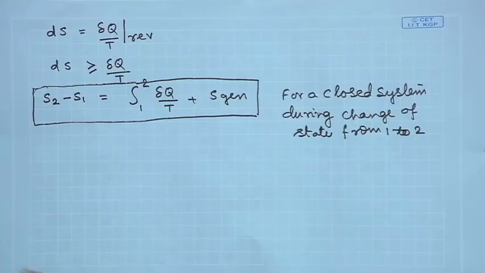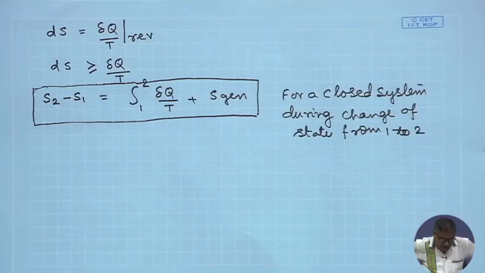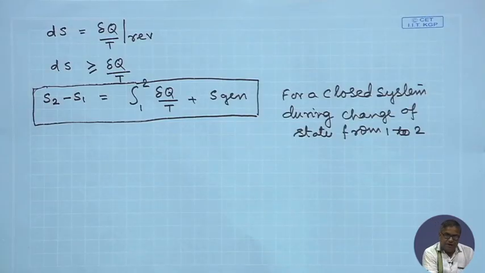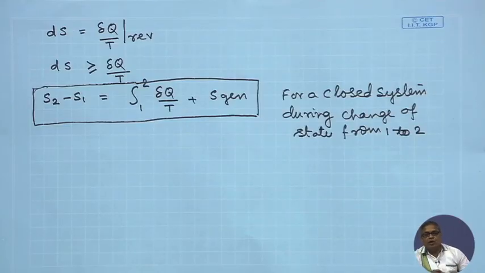So, you see what we have written here, S2 minus S1. Entropy being a property of the system, it is a point function. S2 is the value of the entropy at the end of the process, that is at state 2. S1 is the value of the entropy at the beginning of the process, and then this change is given by the integration of dq by T from 1 to 2.